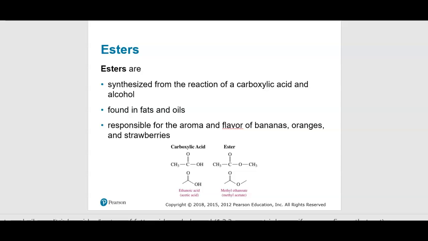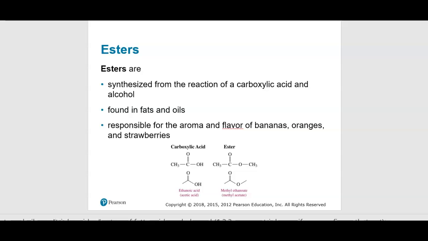Esters are synthesized from the reaction of a carboxylic acid and an alcohol. Okay, and look what's happening there. Carboxylic acid, there's ethanoic acid or acetic acid, and then there is an ester, it's methyl ethanoate or methyl acetate.